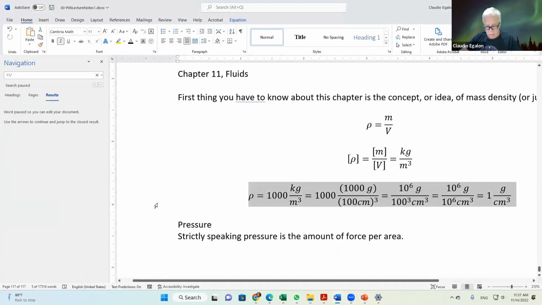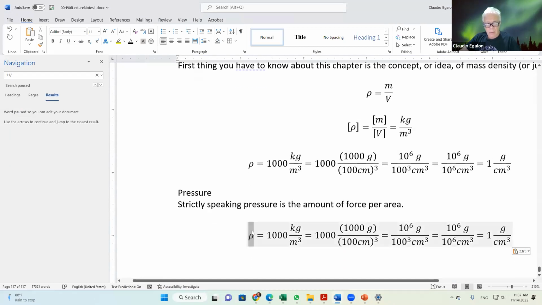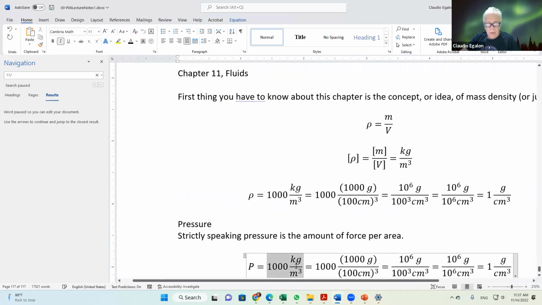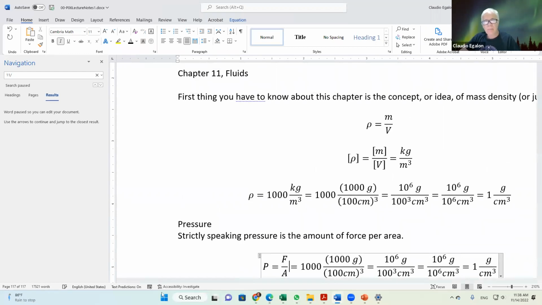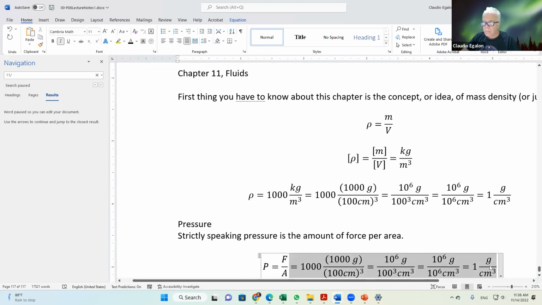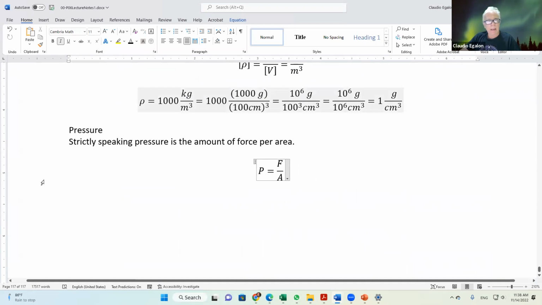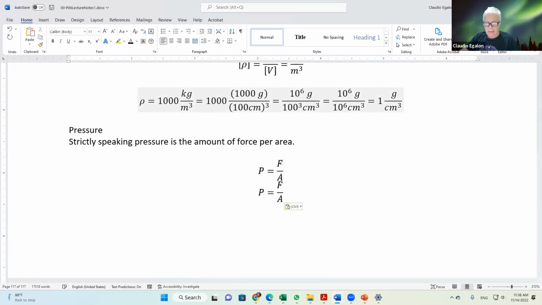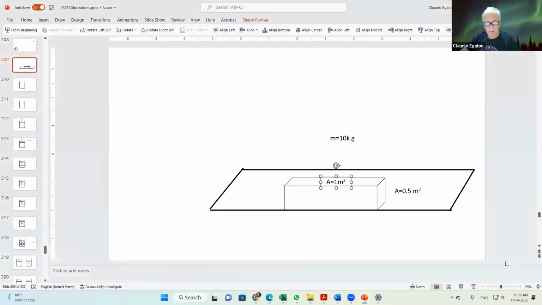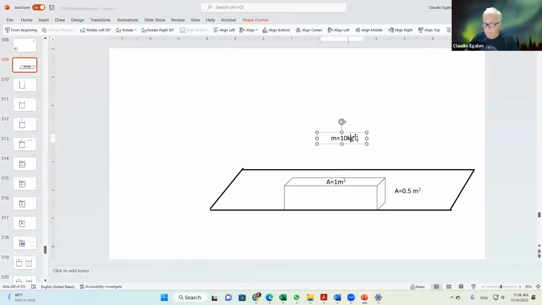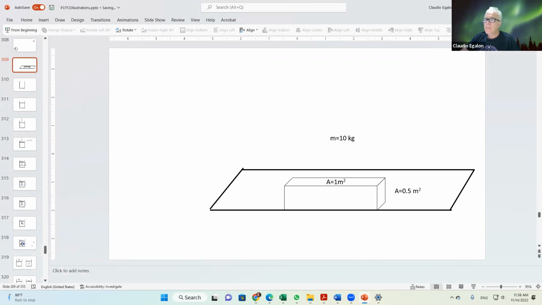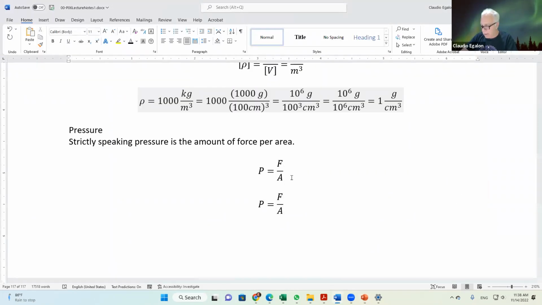Okay, so here you go. Pressure is force divided by area. In the case of my 10 kilograms block, the force that it's going to exert is 10 kilograms times the acceleration of gravity, which is 10 meters per second square.